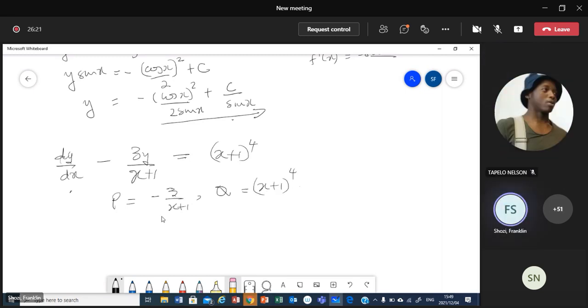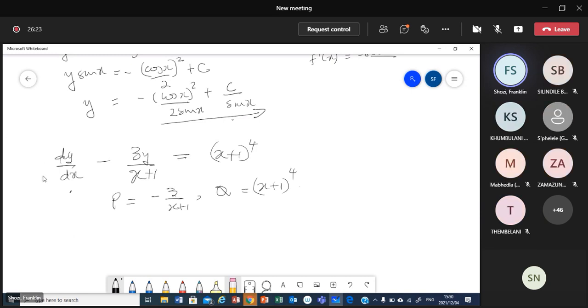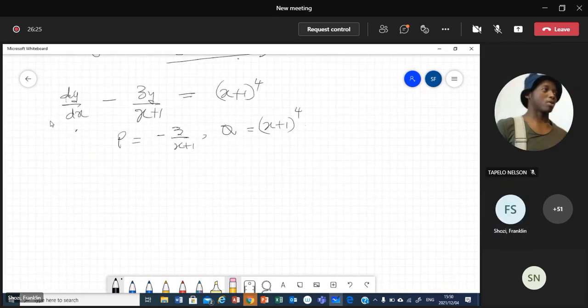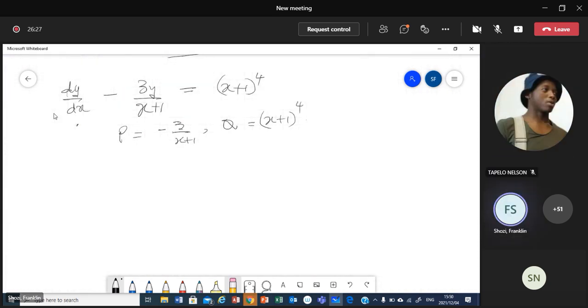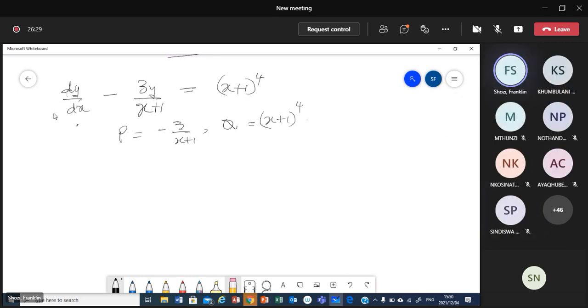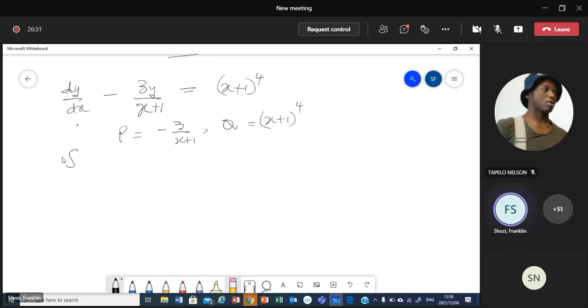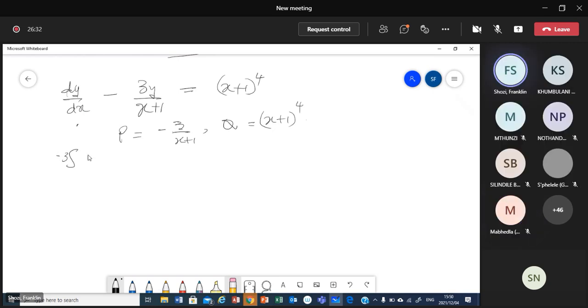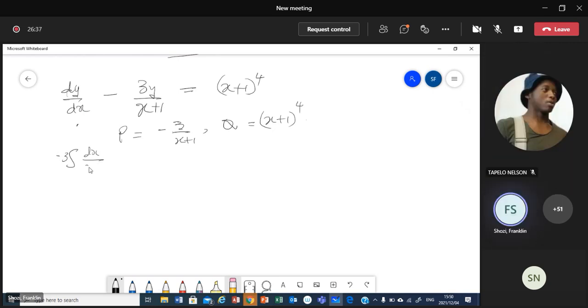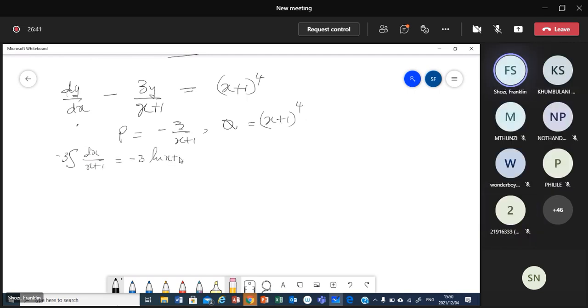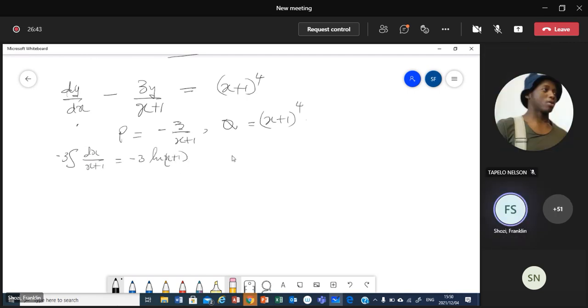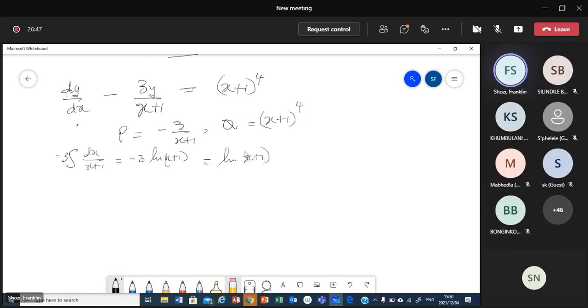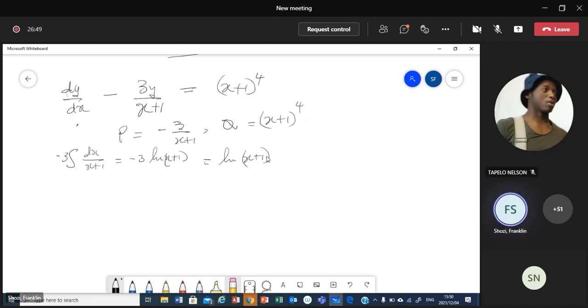Right. Then you must find an integrating factor. So integrate P: the integral of minus 3 dx over x plus 1 is equal to minus 3 ln(x plus 1), which is the same as ln of (x plus 1) to the power minus 3.